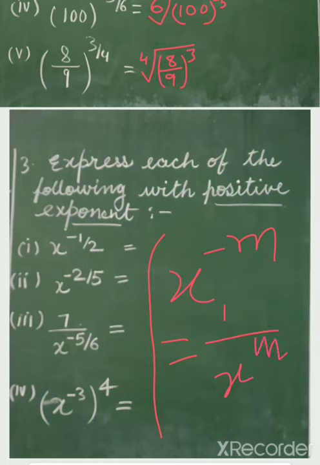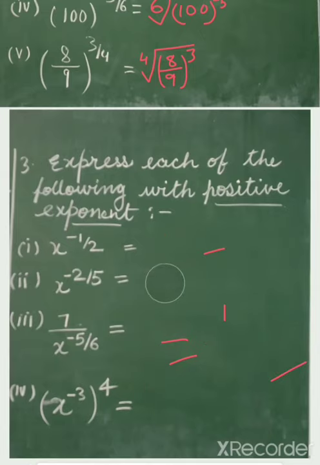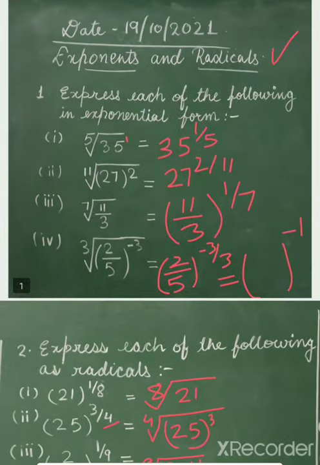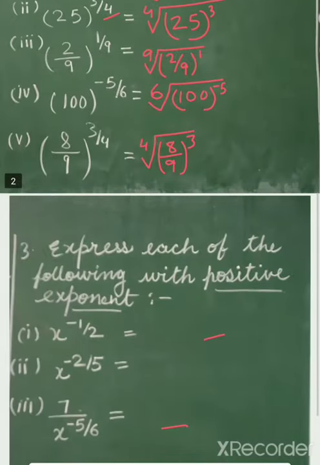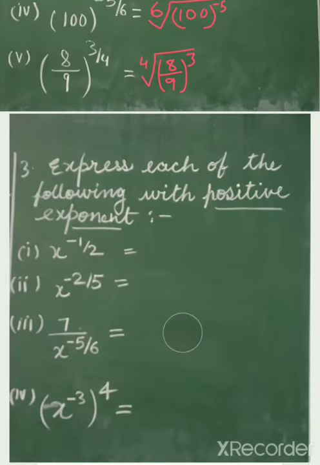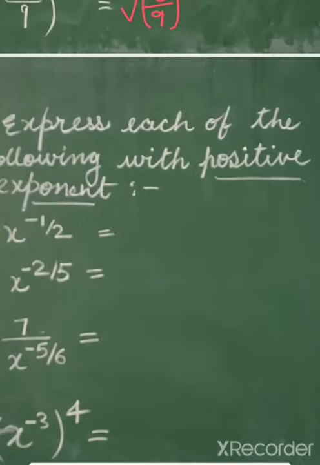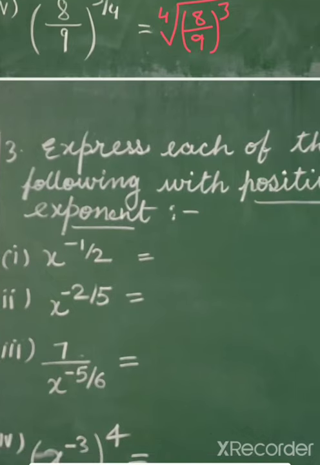This formula we will apply to express in the positive power, because you can see this is negative power and we have written it in the positive power. So this way we will express all the questions with positive exponent. So we write down here, x to the power minus half is 1 upon x to the power plus half.